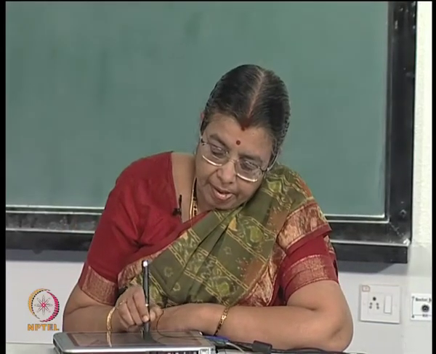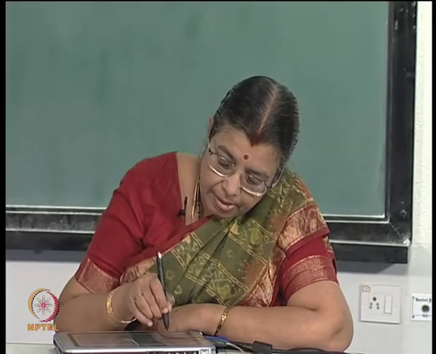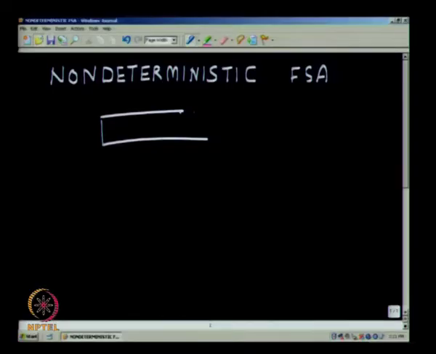In the last lecture we considered a deterministic finite state automaton. A deterministic finite state automaton, when you have a tape like this, the input is kept on the input tape and it starts reading the leftmost symbol in the initial state.